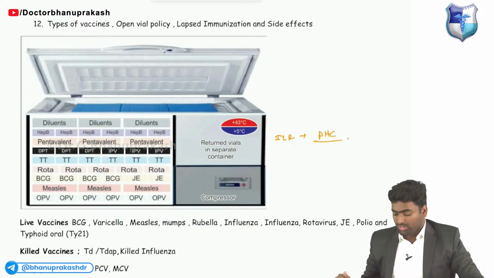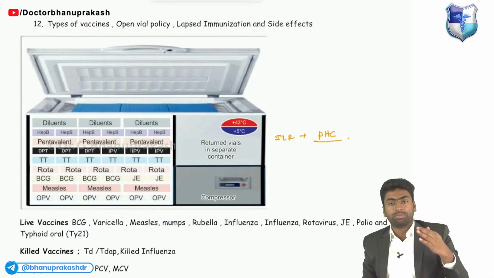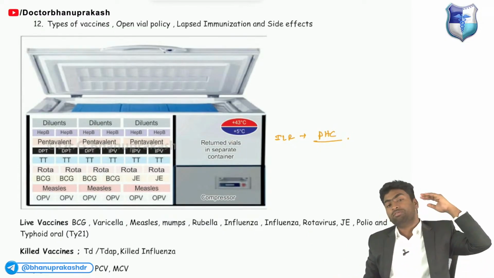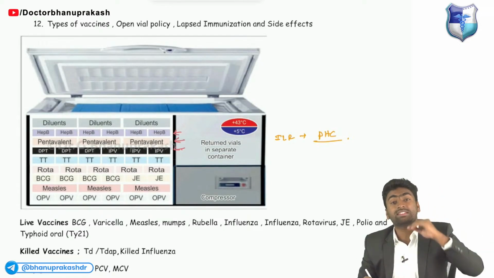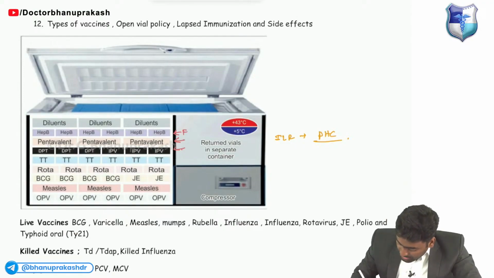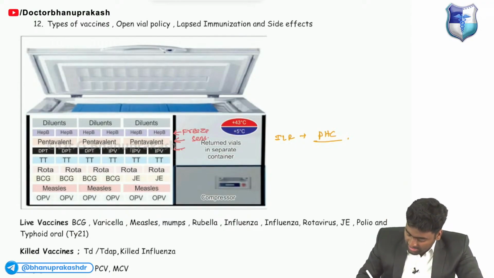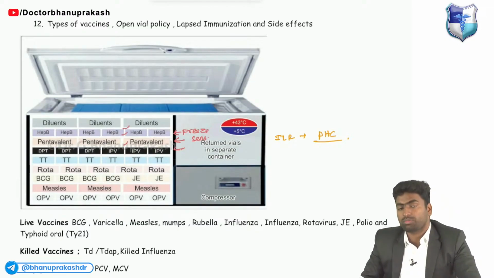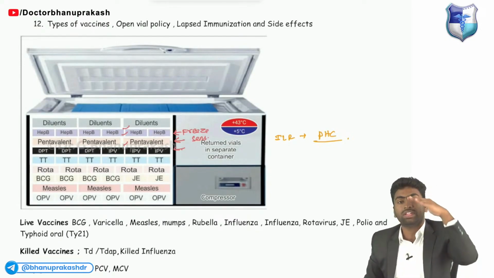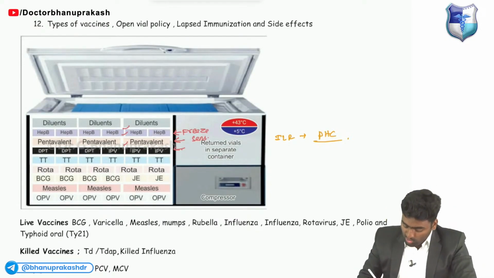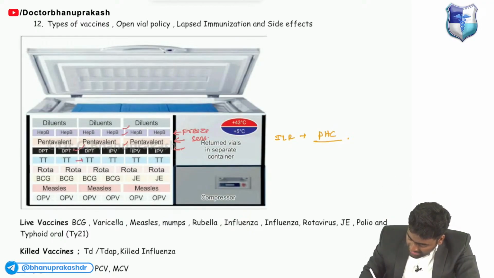And there is a sequence we should keep. For example, the top will have the lower temperature. There we need to place the freeze-sensitive vaccines. Whereas hepatitis B, pentavalent, and IPV should be the order. So pentavalent and hepatitis B are much more freeze-sensitive, so we need to put them in the upper lines, followed by DPT, and in the middle it should be TT.